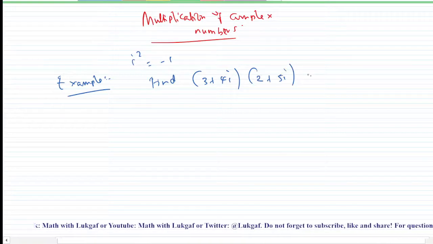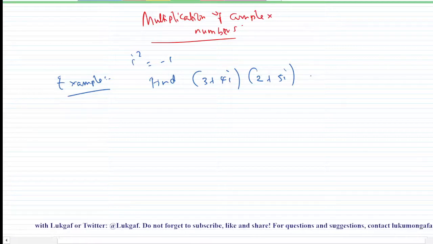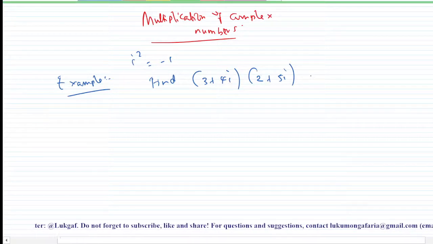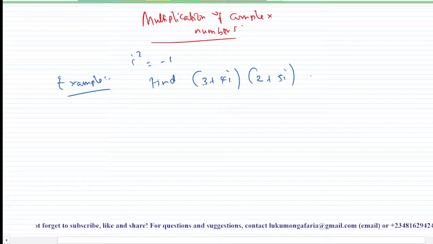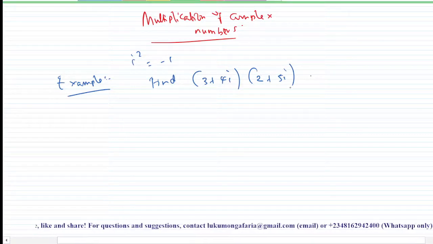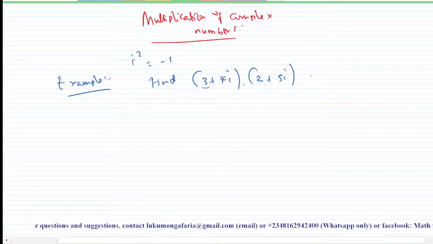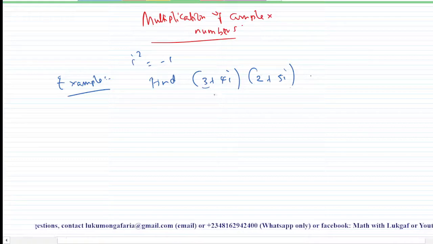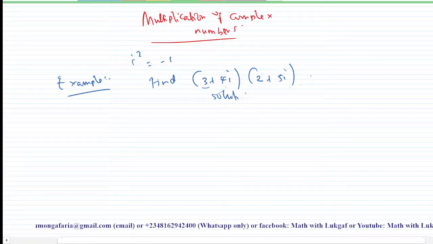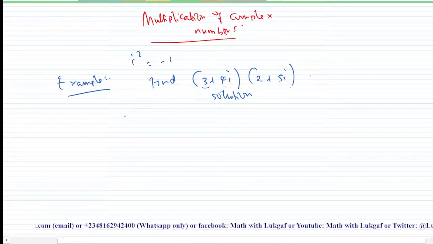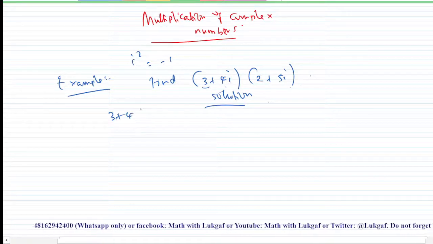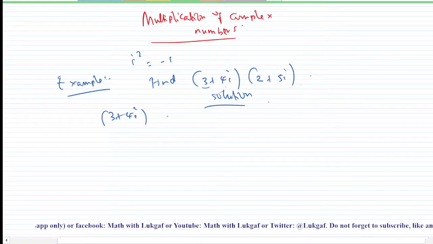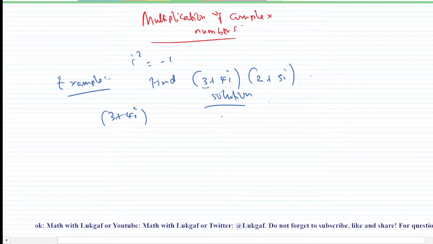Remember, when you have two expressions in real numbers and you are asked to find the product, don't forget the approach you use. That is, you use the first one to multiply two of these and the second one to multiply two of these. It follows the same thing. So in the context of complex numbers, we have 3 plus 4i, 2 plus 5i.